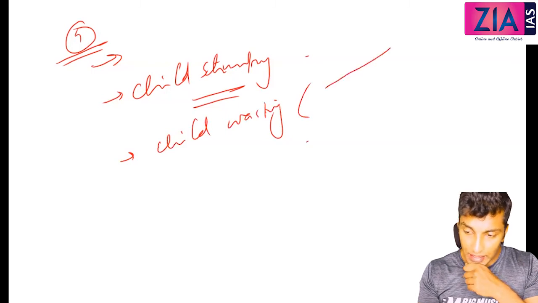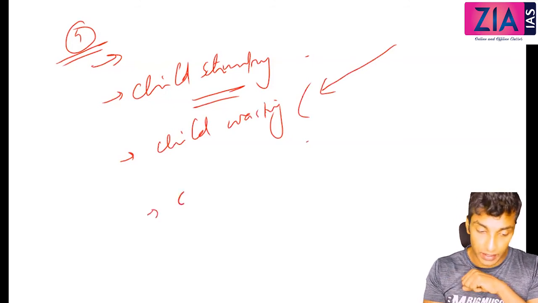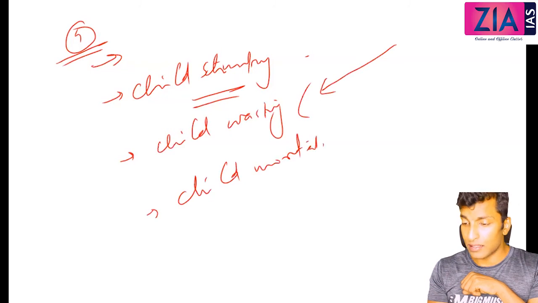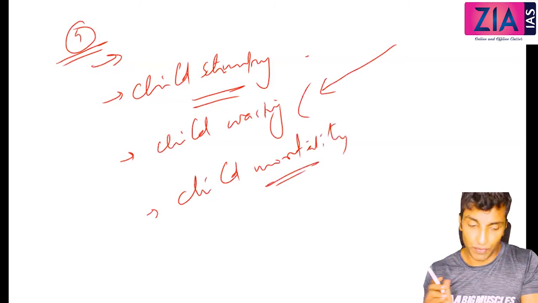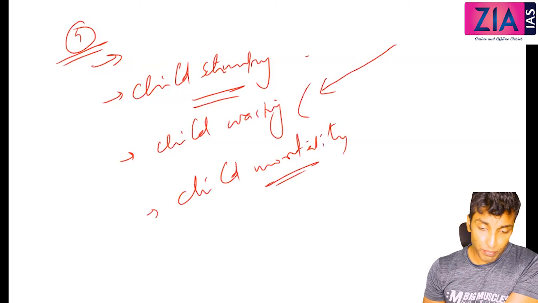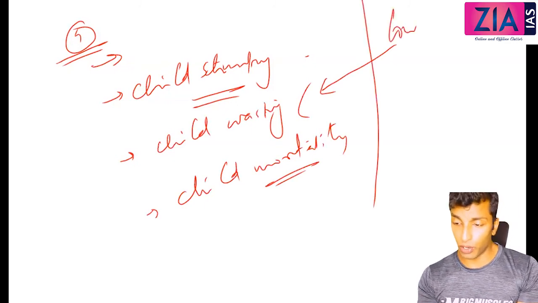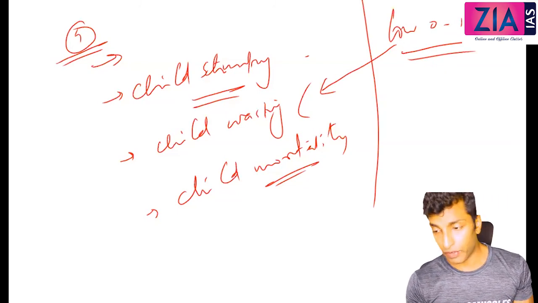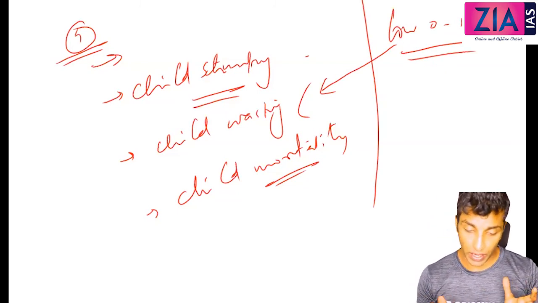Actually India is the highest in this group. Child wasting is very high in India. Then child mortality. You can see this in detail in the discussion we have already done. When we talk about low, the score is 0 to 10, as it will be ranked between 0 and 100. So low hunger is at this stage.